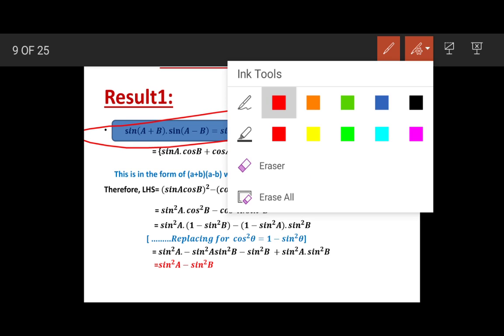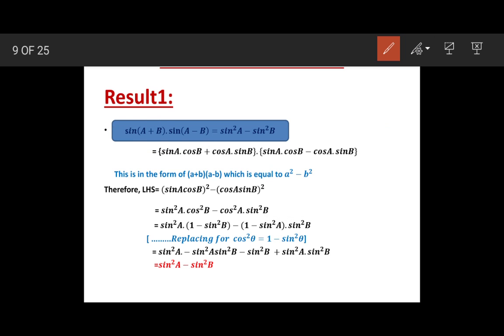So first take the left hand side. Left hand side is sin(a plus b) into sin(a minus b), right? Now apply the sin(a plus b) formula.